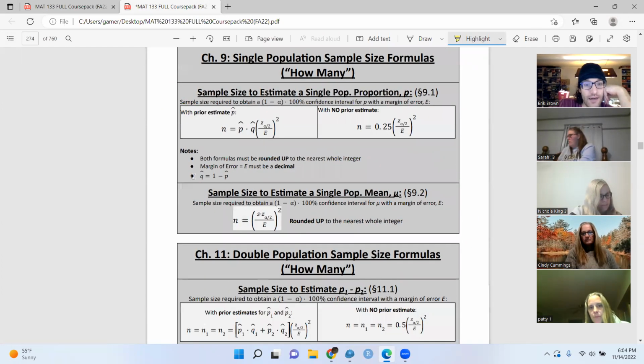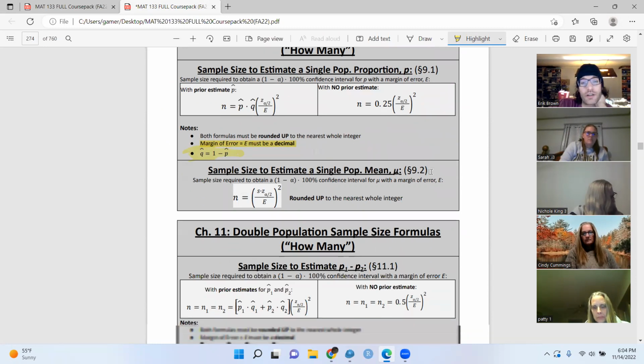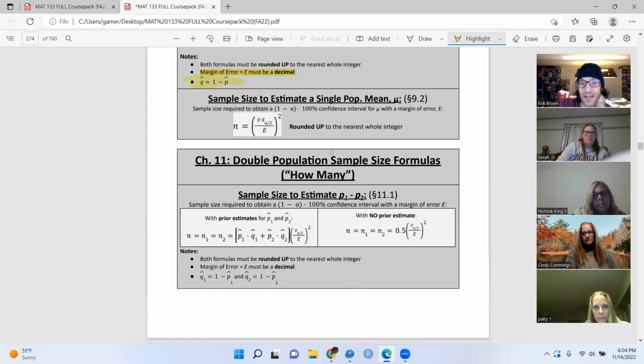A reminder of Q, a reminder about the margin of error: E must be a decimal for proportions. The unfortunate thing is that this page also contains the chapter 11 formulas that look really intimidating, but they're really not that terrible.